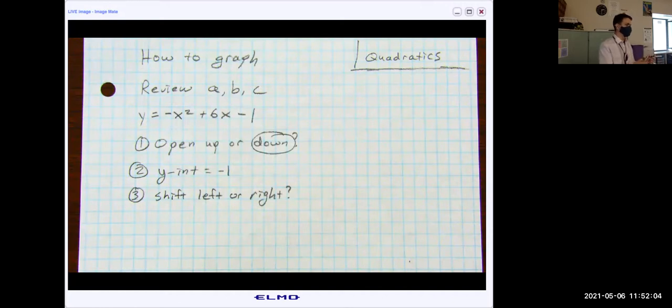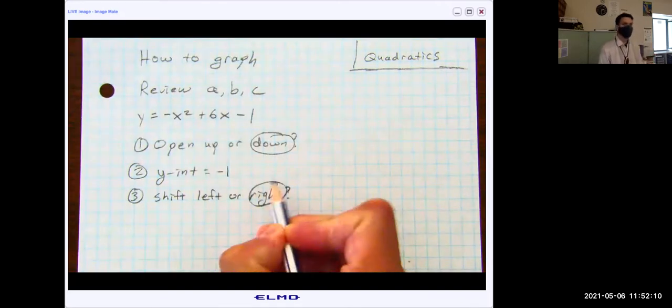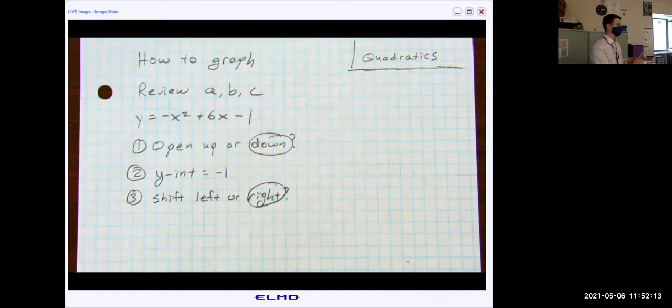If A and B are opposites, they shift right. So I have a -1 and a +6. That tells me when we graph it, this is going to be shifted to the right. The y-intercept is going to be -1, and it's going to open down. If something there doesn't happen on my graph, then I made a mistake, and I would have to find it and fix it. Okay.